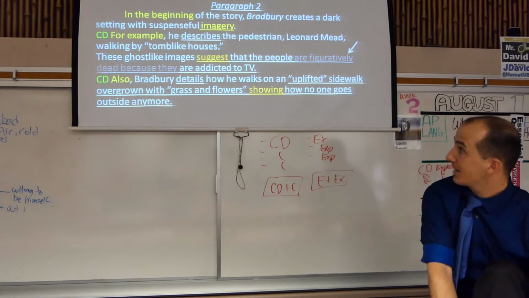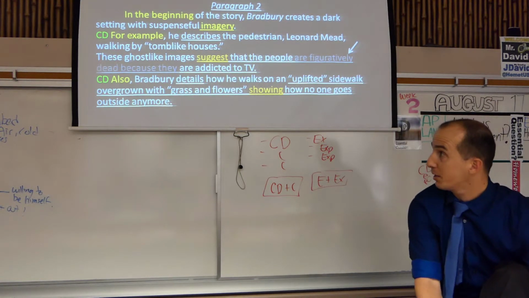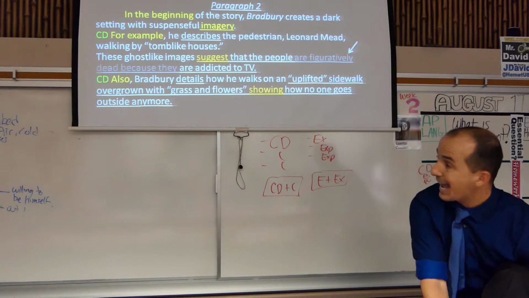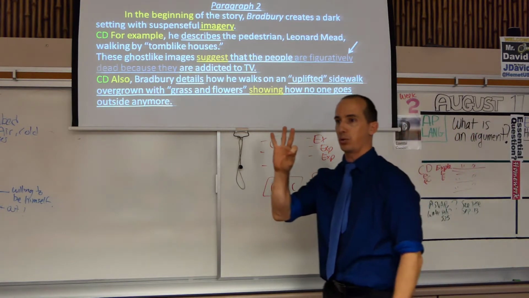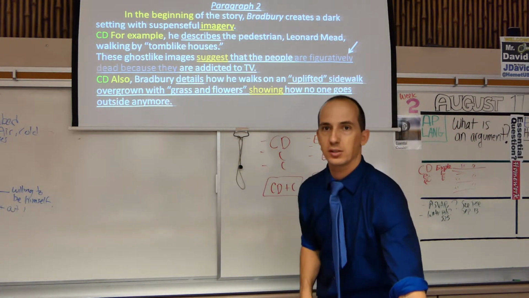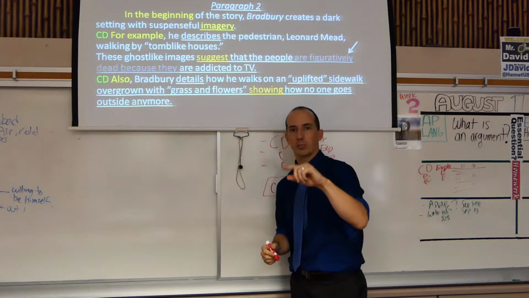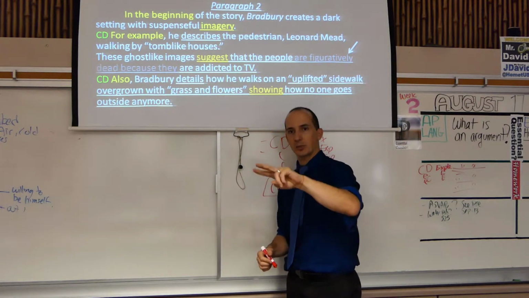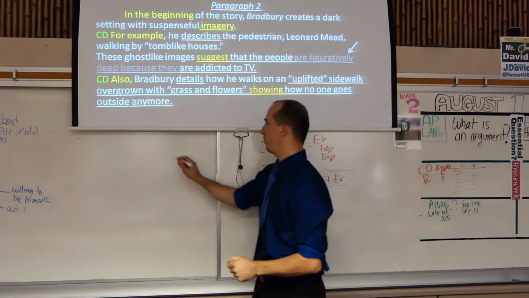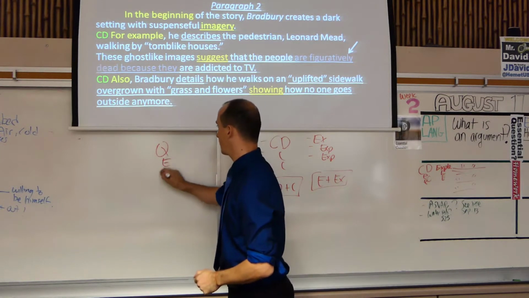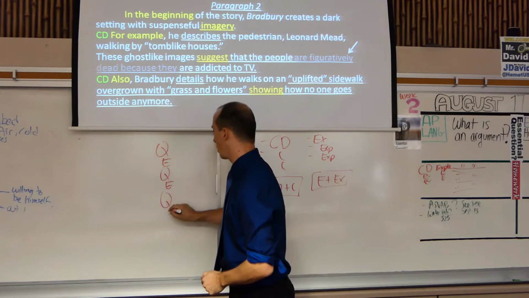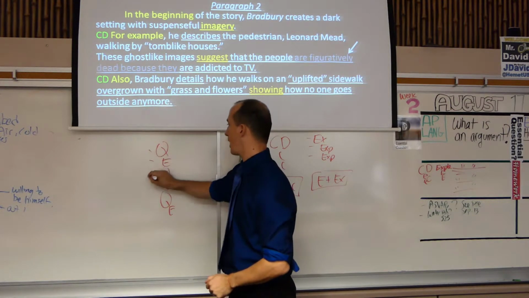And we put grass and flowers in 1. So you got 3 things. You got grass, flowers, and the uplifted sidewalk. You have 3 quotes. Now some teachers, they'll say this. Oh, every time you give a quote, you have to explain it, right? 1 quote, explain. 1 quote, explain. So if you've got a quote, and then explain, then a quote, and then explain, then another quote, and explain, how many sentences is that?